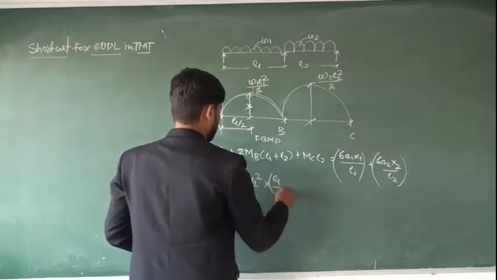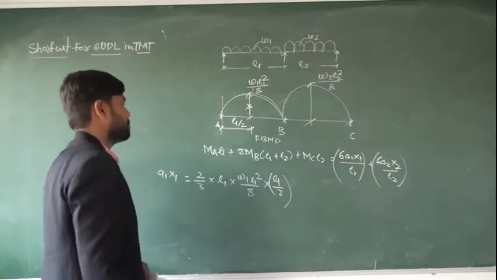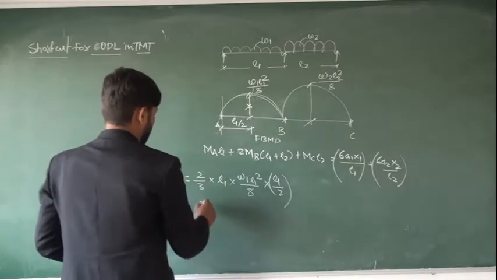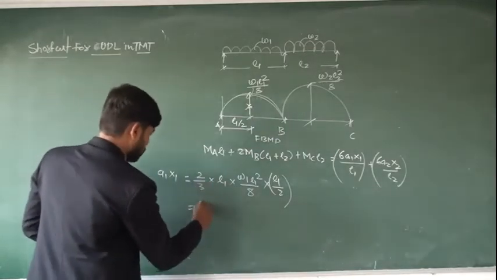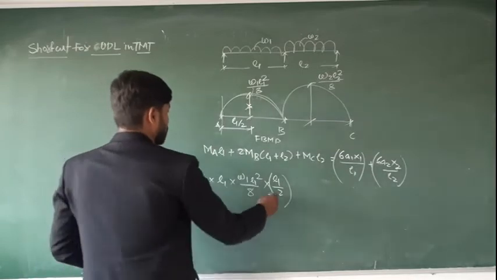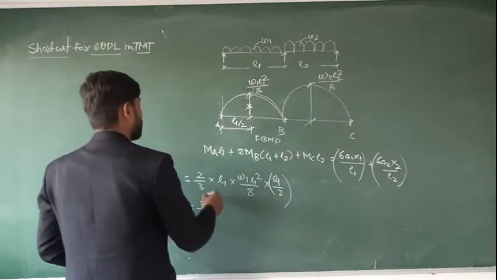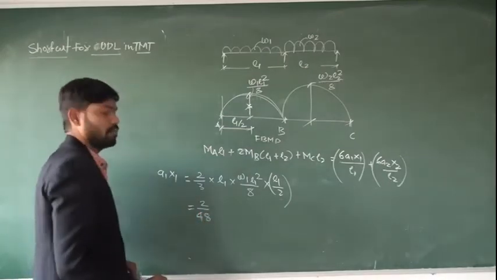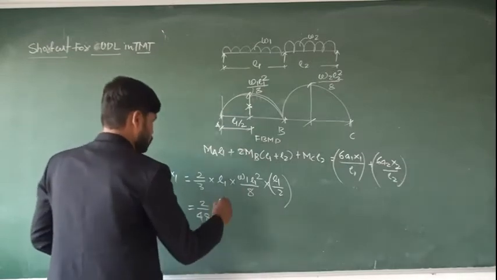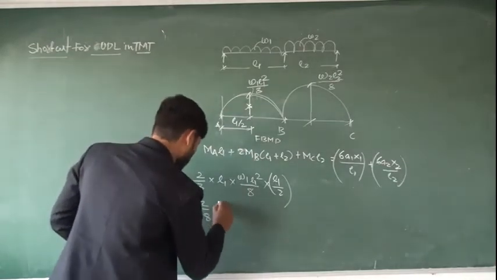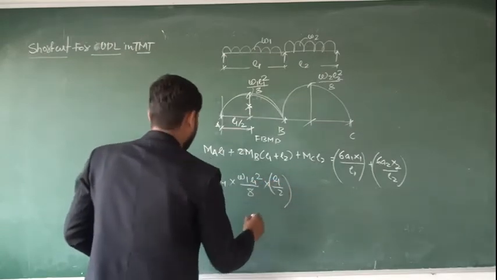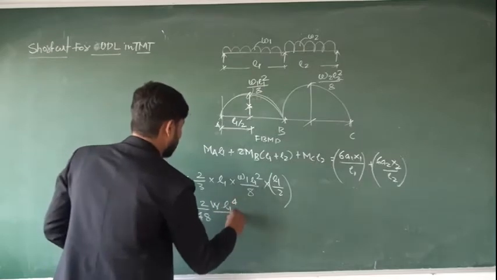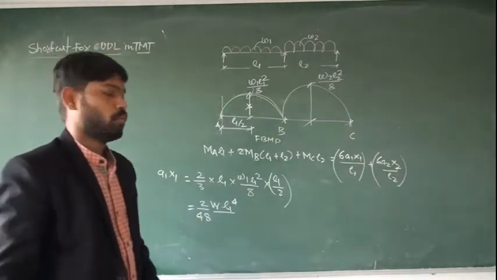Now it is 2/3. 8 multiplied by 2 is 16, multiplied by 3 is 48. Then L1 square and L1 gives W1 L1 raised to 4.